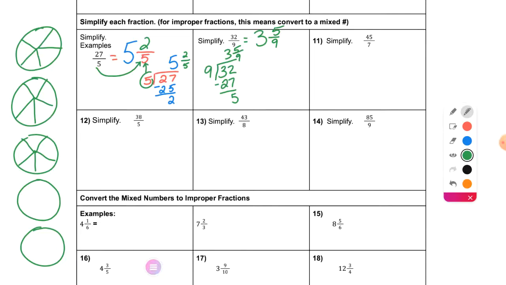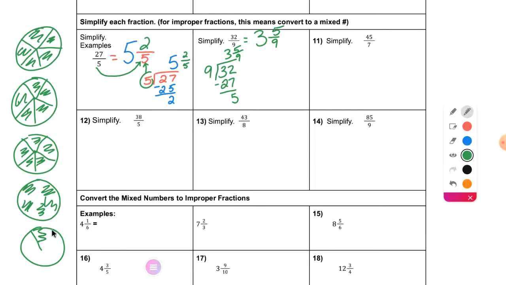Okay, but it would be 1, 2, 3, 4, 5, 6, 7, 8, 9, 10, 11, 12, 13, 14, 15, 16, 17, 18, 19, 20. I only have 25ths so far drawn.